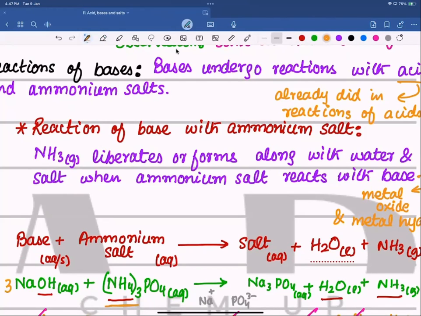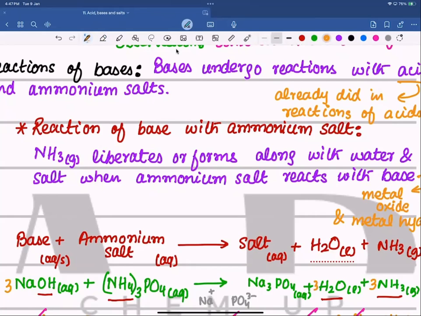How many ammonium are over here? 3. So they are going to form 3 ammonia molecules. As 3 hydroxides are reacting, they are going to form 3 moles of water. So we'll put a 3 before H2O.